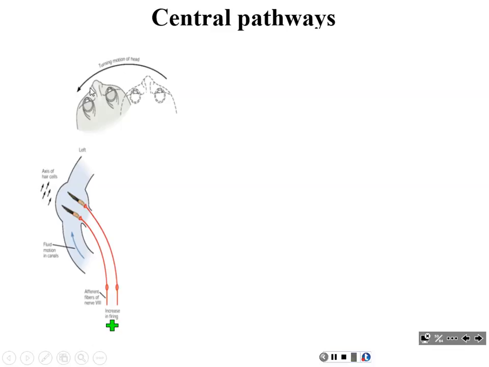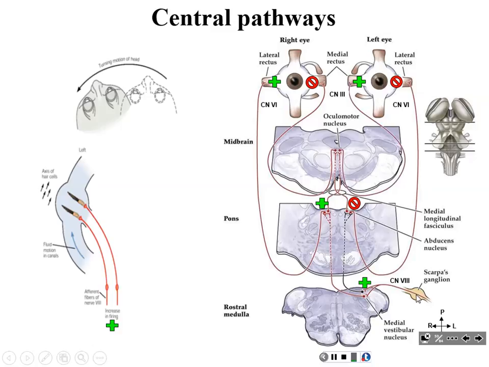Turning of the head to the left increases firing of the semicircular canal hair cells on the left. Here is the left side of this image. Okay? Here are the Scarpa ganglion cells. They project into the medial vestibular nucleus, nothing new so far. From there are two projections.